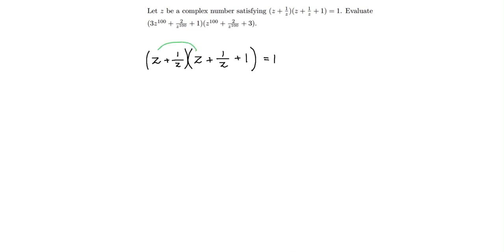z times z is z squared. z times 1/z is 1. And z times 1 is z. Next, 1/z times z is 1. 1/z times 1/z is 1/z squared.